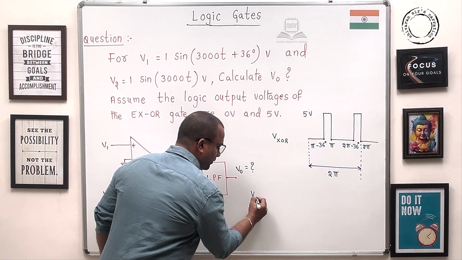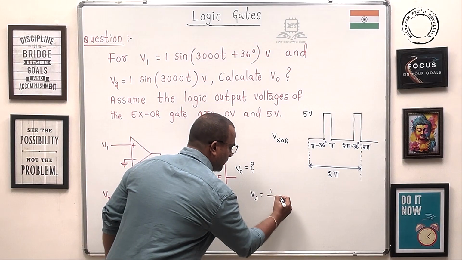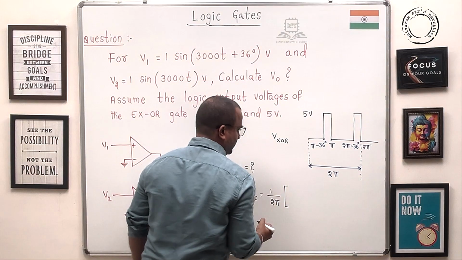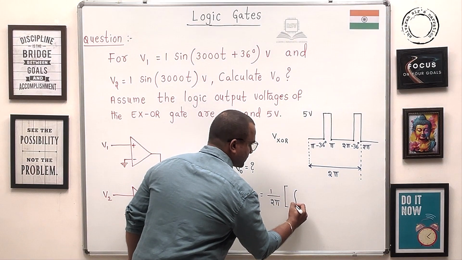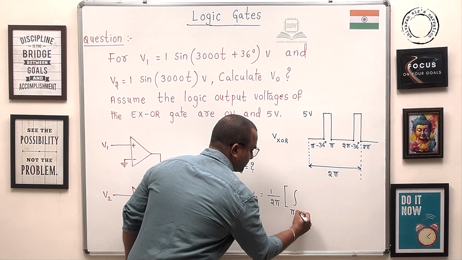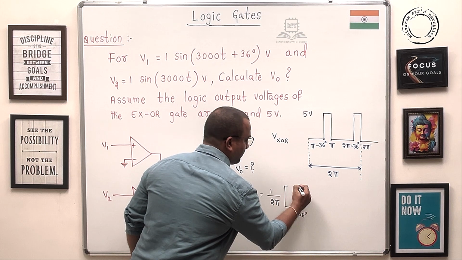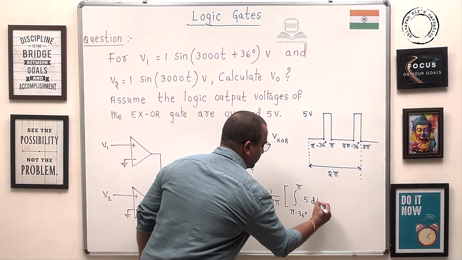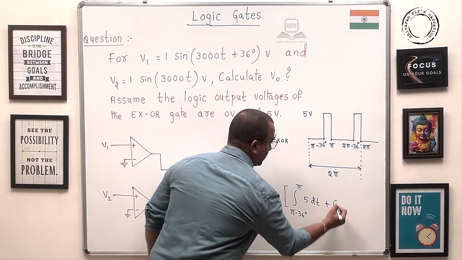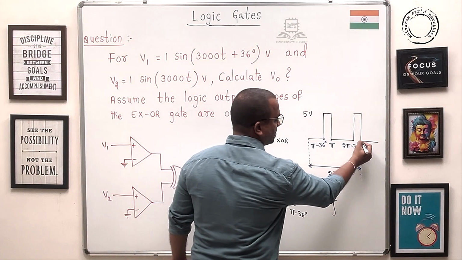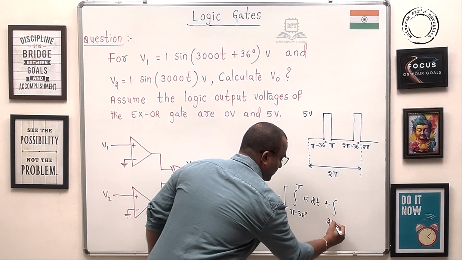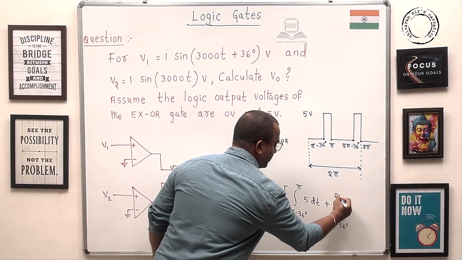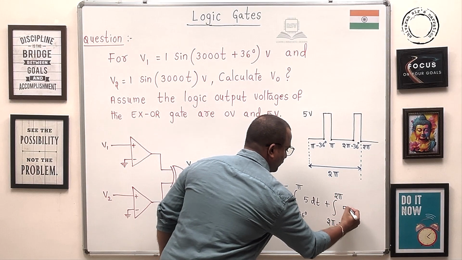Then V0 is equal to 1 by 2 pi, and for area calculations we use integration. That is from pi minus 36 degrees to pi, it is 5 volts, 5 dt, plus again from 2 pi minus 36 degrees to 2 pi, it is again 5 dt.